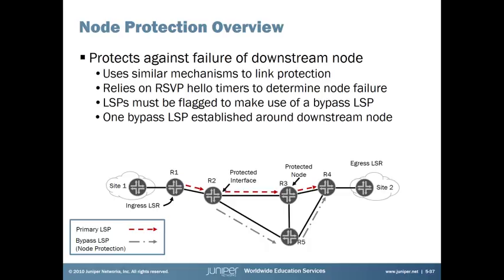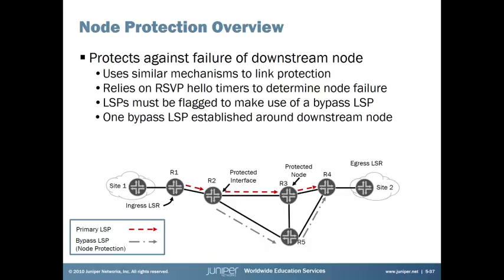But just remember that the context here is that fast reroute is the protection of a particular label switch path, and a reroute path is established by every single router in that LSP. This is centric to a particular link or a particular node.